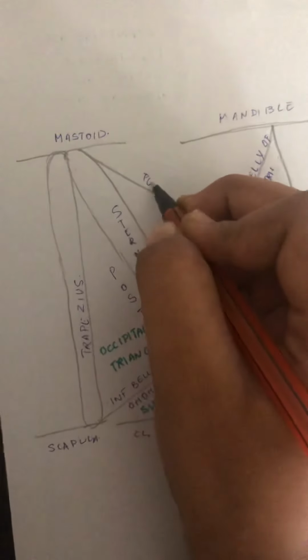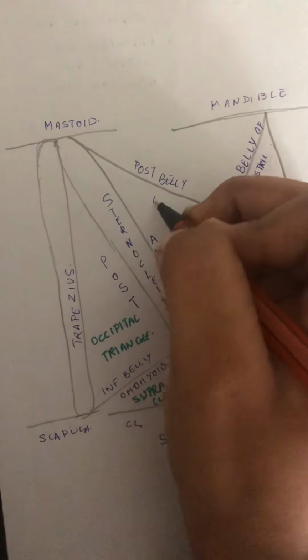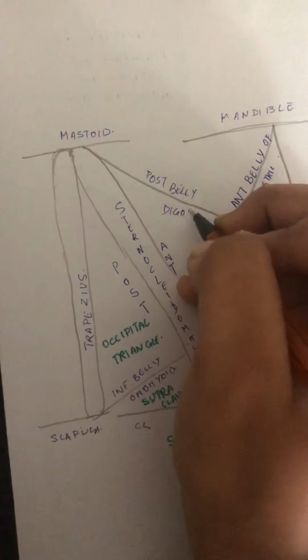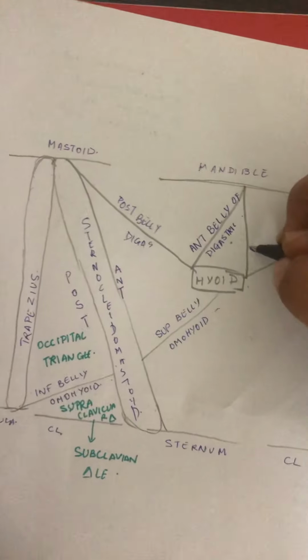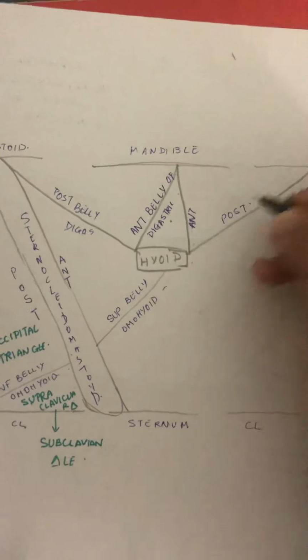And this is the posterior belly of the digastric. Same on this side as well. This is the anterior belly, this is the posterior belly.